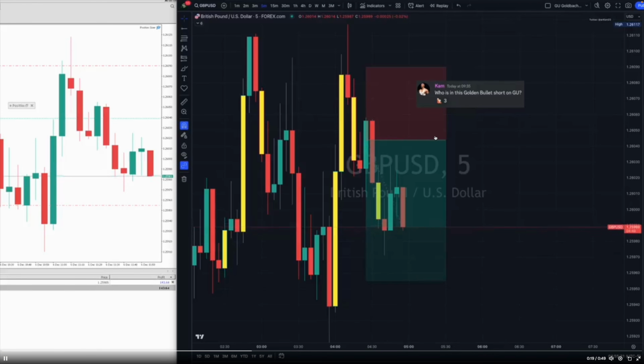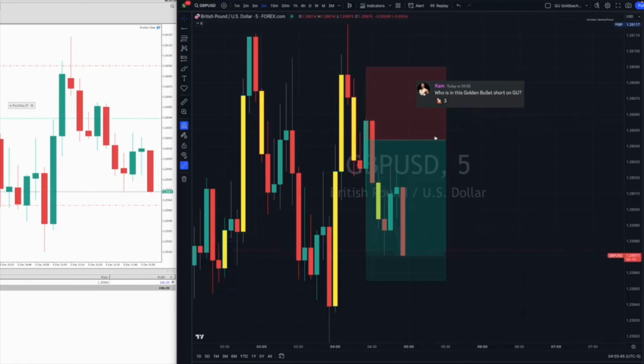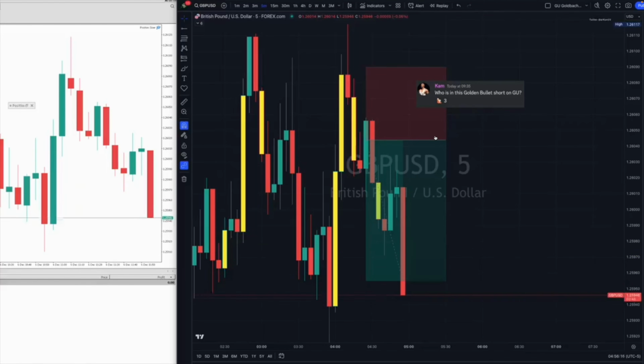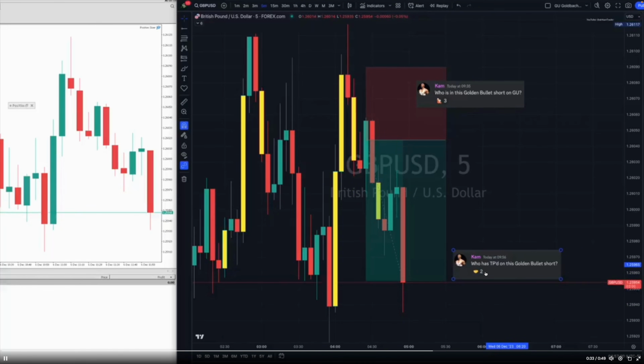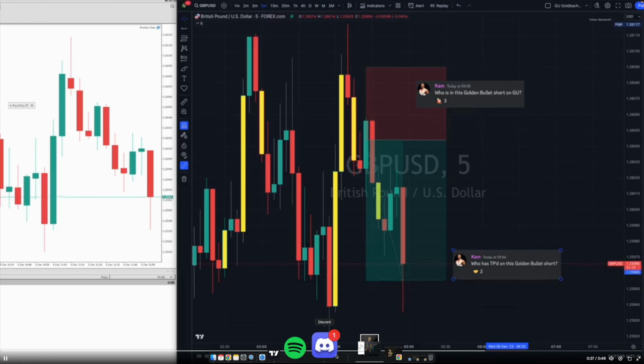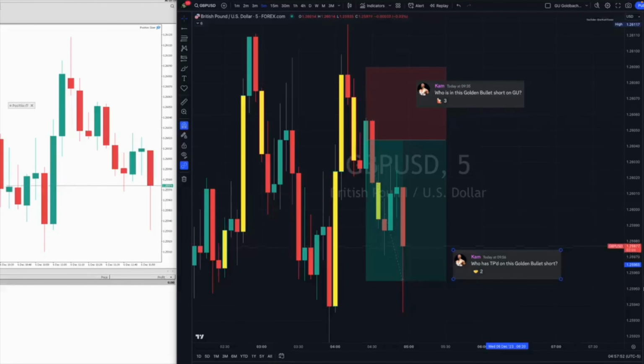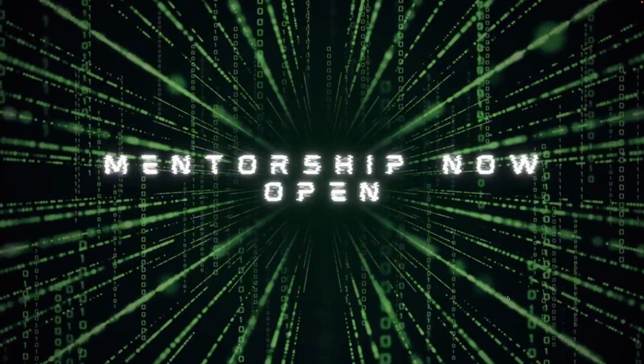This is my TradingView. And there we go. TP'd. This is how I prove it's a live trade, because then I asked my team who TP'd, and by that point 2 people had TP'd. And then you'll see in my Discord, the last person read the comment and he had also TP'd.